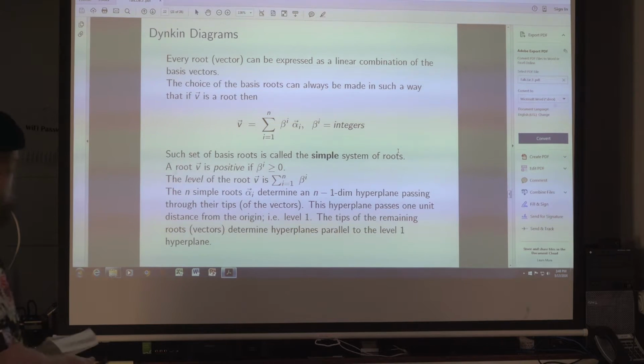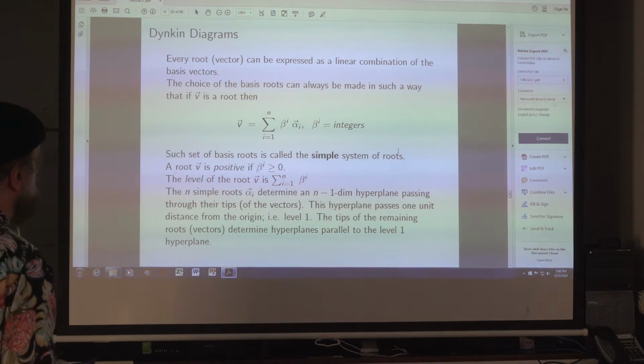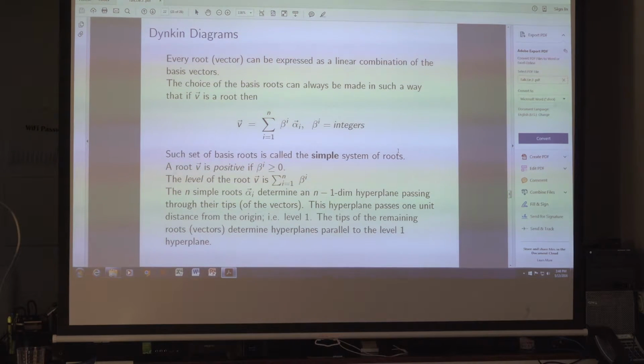Before that, remember, any root vector is a linear combination of your simple root vectors. Capital V is a root vector. It's a linear combination of your simple roots.